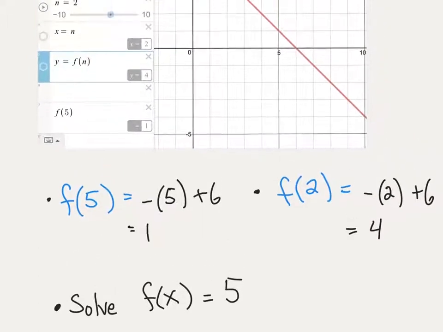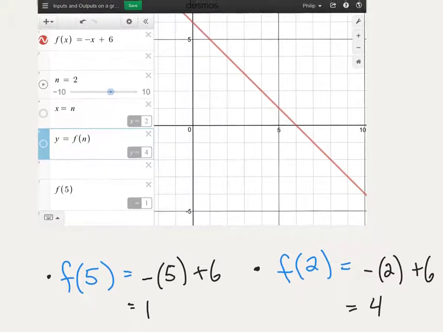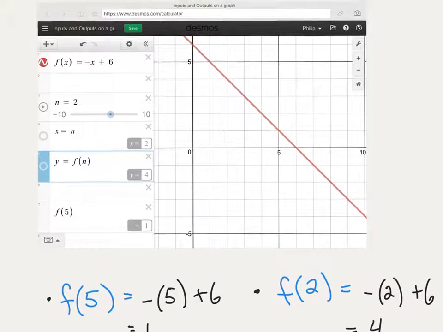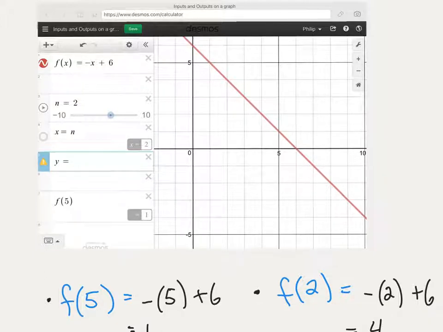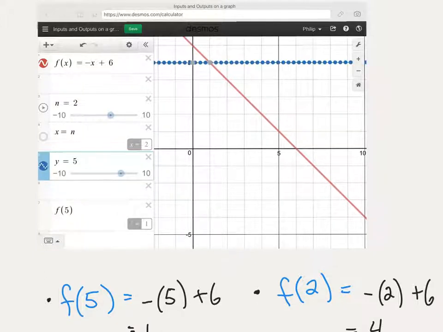So what we're going to do is go up here, and outputs are on my y-axis. So I'm going to type in y equals 5, and I'm going to look at this line. Instead of starting with my input, I'm going to start with my output and work backwards. So when do I get an output of 5?